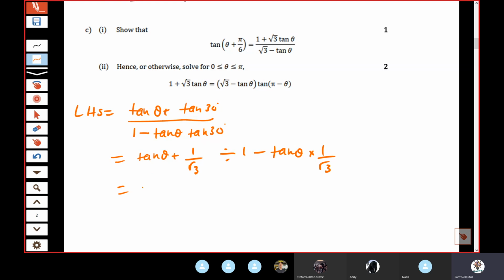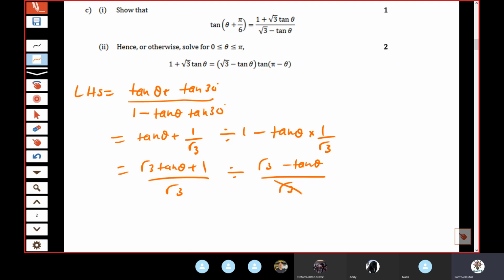Equals root 3, common denominator, plus 1 on root 3, divide root 3 minus tan theta on root 3, and then of course multiply and flip, equals root 3 tan theta plus 1 over root 3 minus tan theta.